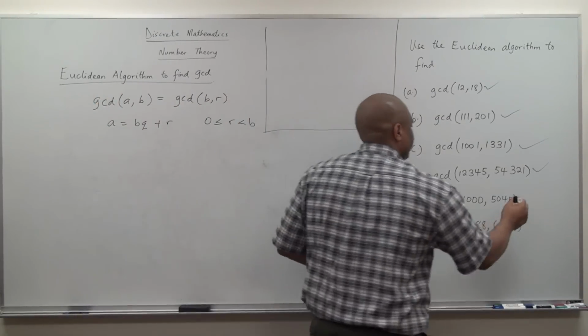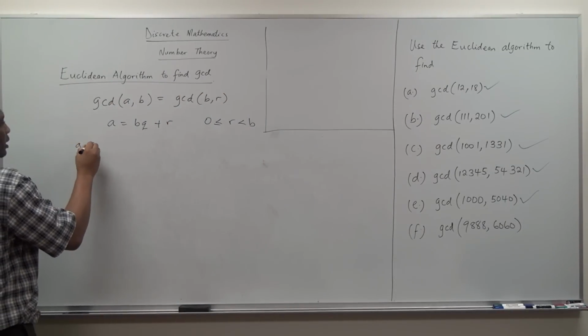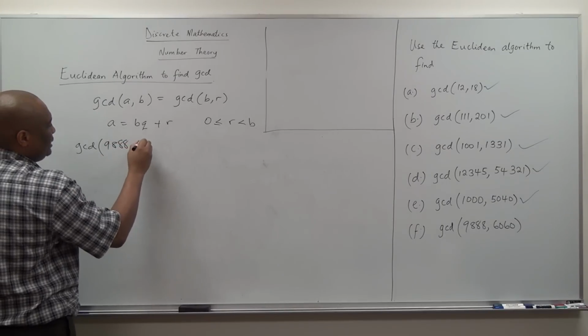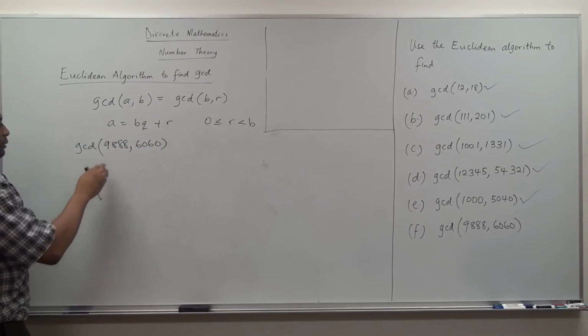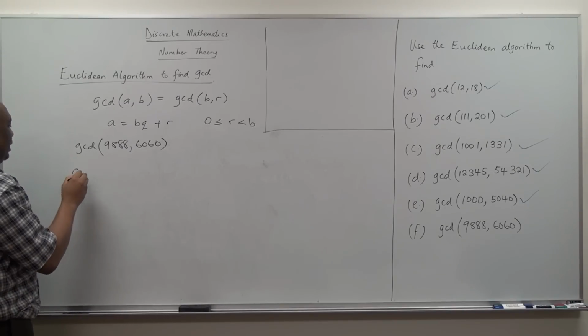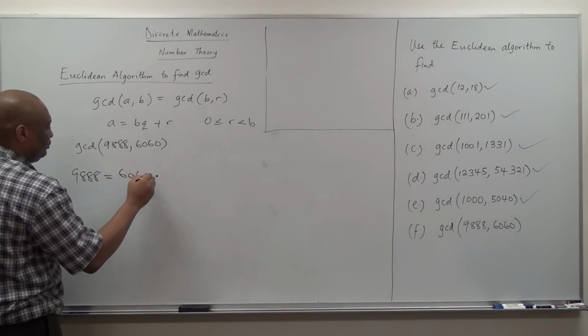Okay, we have the GCD of 9888 and 6060. This is arranged well, so we go ahead. 9888 is equal to 6060 times what?